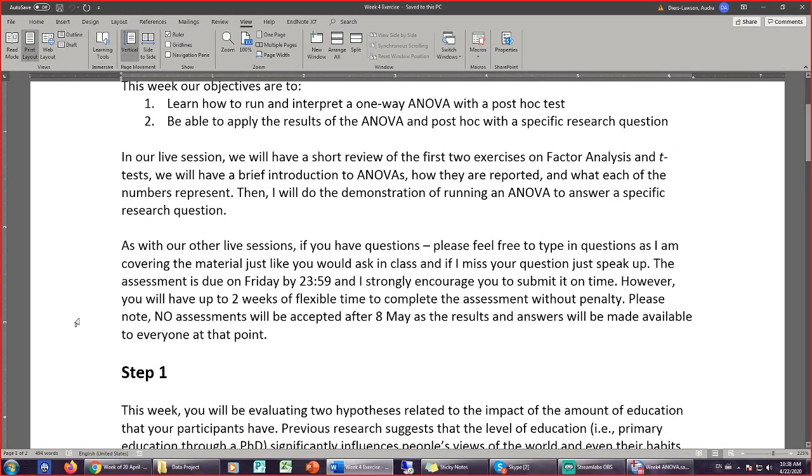So it is due this Friday by 11:59, but you have up to 2 weeks afterwards to get it in. So just like the other ones, if you can't finish it up for this week for any reason, you have a couple of weeks to get it in just in case.